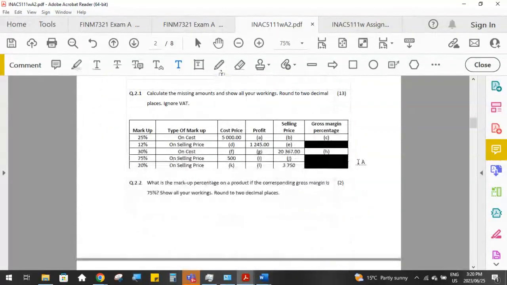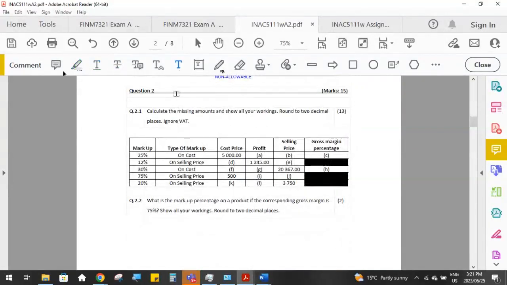Okay, so let's go on to our question 2. This one was for 15 marks. And with this one here, we had to do some calculations to calculate the missing amounts.